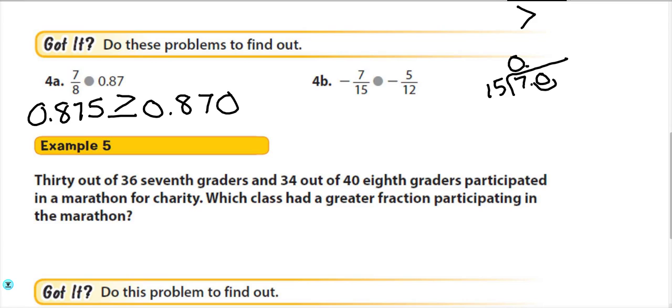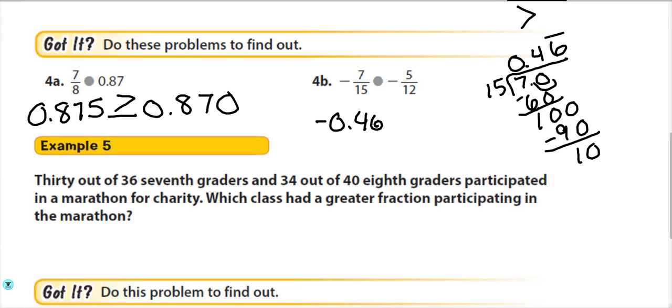All right, so 15 is going to go in there 4 times, for 60. 10 left over, bring that in, so that would be 6 times for 90. Yeah, that's going to be as far as we get, 6 times. And then we get 10 again, so it's just repeating. Okay, so we get negative 0.46 repeating.